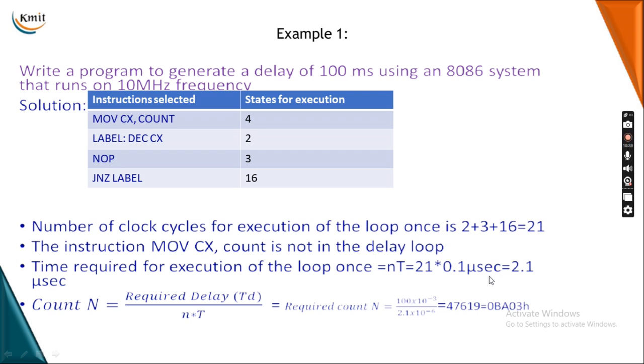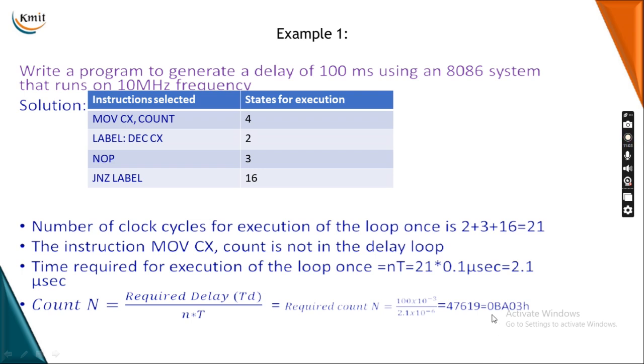Now count n is equal to the required delay Td by n into t. The required delay is given as 100 milliseconds, divided by n into t, which is 2.1 microseconds, which gives 47619 as the count value for this instruction.